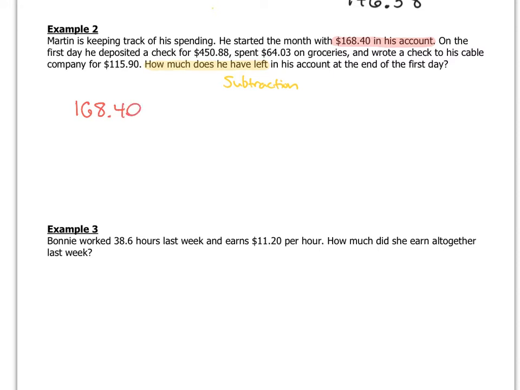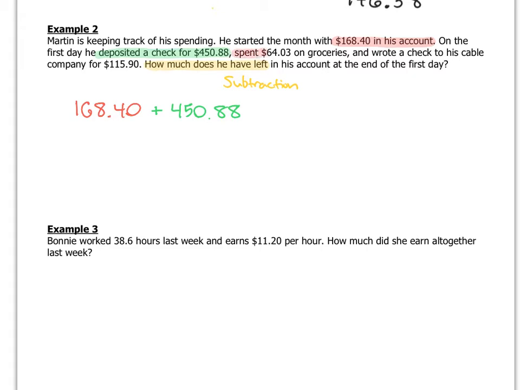From there, it says that Martin deposited a check for $450.88. Well, depositing a check means you're adding money to your account. So to this 168.40, we're going to add 450.88. The next phrase says that he spent $64.03.